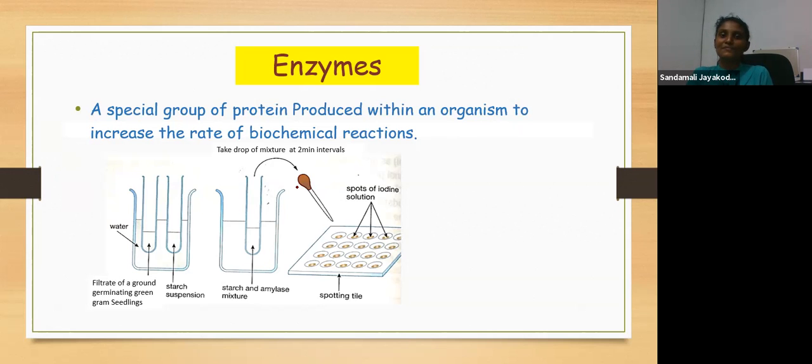But it is not needed in our body because we have enzymes. So it's a special group of protein produced within an organism. It is produced within us and within plants to increase the rate of biochemical reactions.